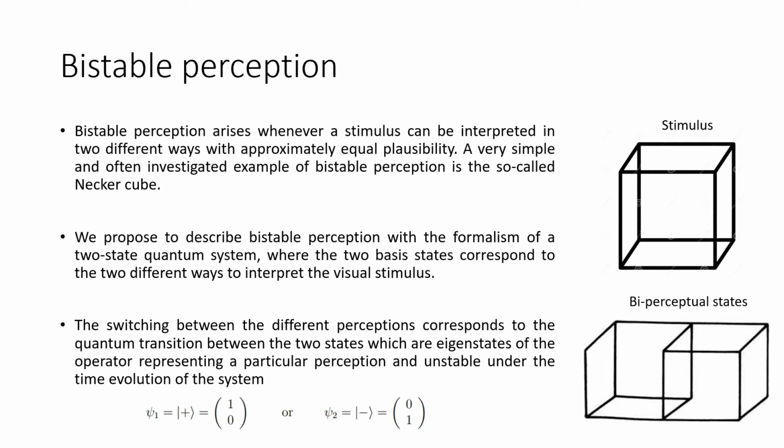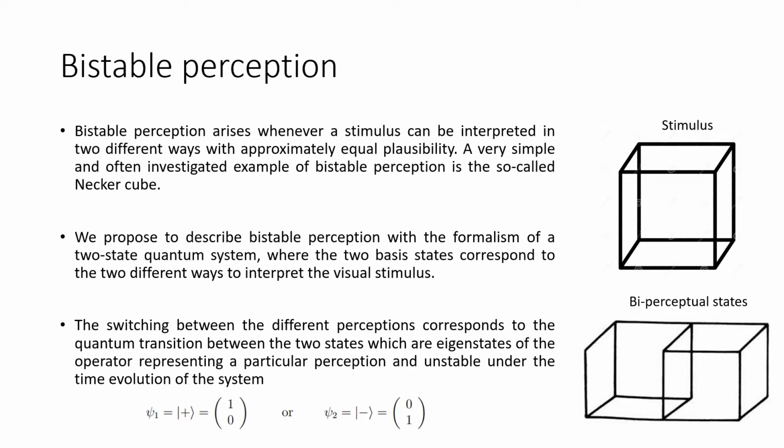This is the basis of bistable perception, which arises whenever a stimulus can be interpreted in two different ways with approximately equal plausibility. A very simple and often investigated example of bistable perception is the so-called Necker cube, as can be seen in the figure alongside. This is a simple cube, the stimulus.